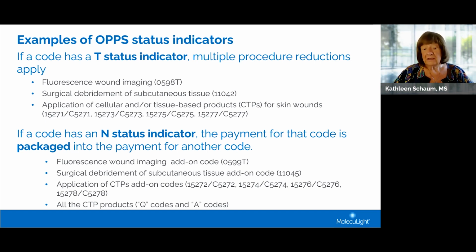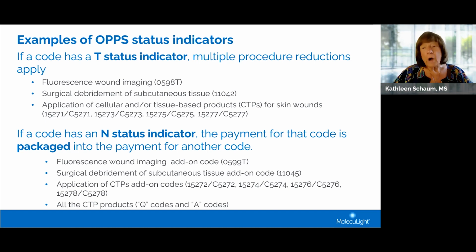The second is surgical debridement of subcutaneous tissue 11042. And the application of cellular and or tissue-based products for skin wounds. And those are the base codes for the application of both the high-cost and the low-cost CTPs.